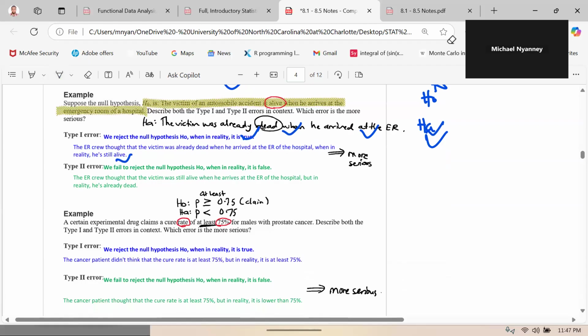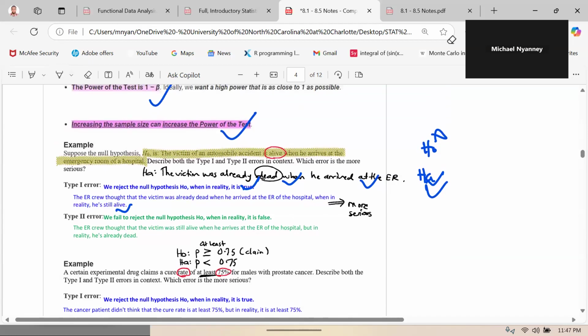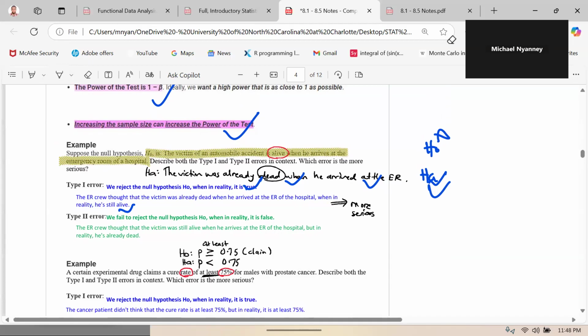So what could be the type 2 error? A type 2 error means that we are in support of what? We are in support of H naught. Meanwhile, in reality, it is false. So if we are in support of it, then we think that the person is alive.